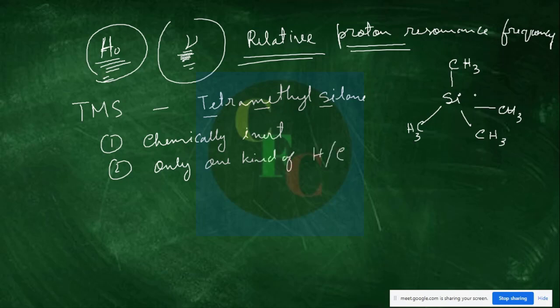So in proton spectroscopy we get only one peak, because this is a tetrahedral structure, so they are all of equal distance to each other and of similar type. So we'll get only one single strong peak. And in carbon-13 also we'll get only one peak, because there is only one type of carbon.